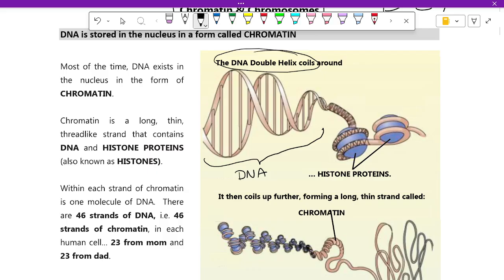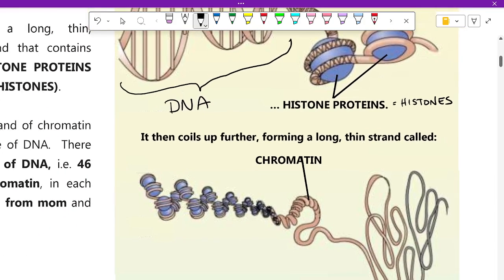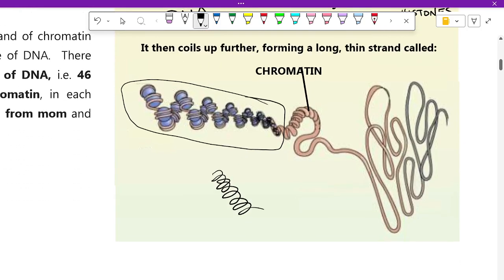The histones. You can either call them histone proteins or you can call them histones. And once it has coiled around those histone proteins, it actually sort of spins itself kind of like that, and it becomes chromatin. And this is the form that I like to call the long, thin, and my favorite word, noodly.